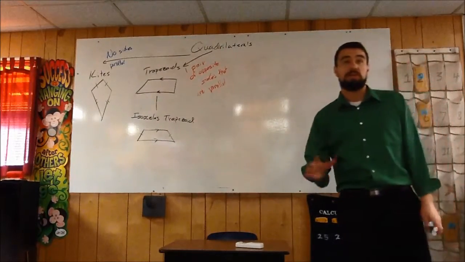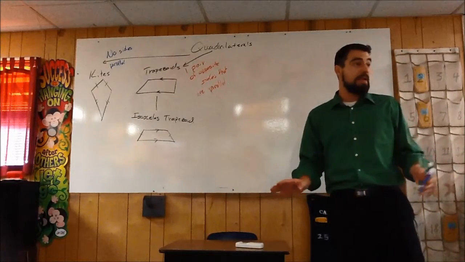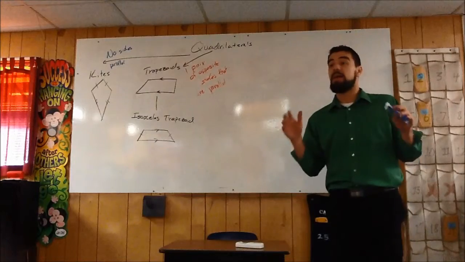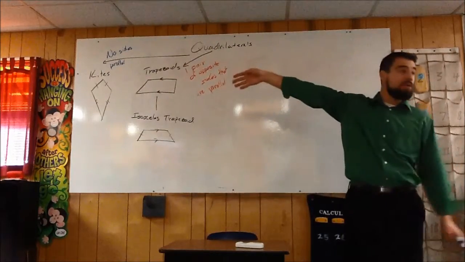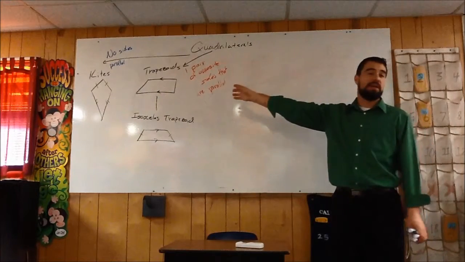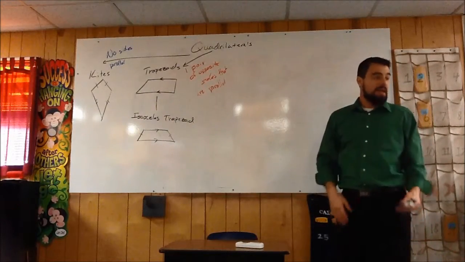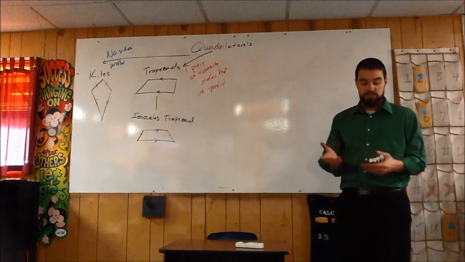Well, the new quadrilaterals we're going to talk about today, all four of them can be classified as parallelograms. If kite had no sides that are parallel, trapezoid had one pair of opposite sides that are parallel, how many sides do you think a parallelogram has that are parallel? Both.